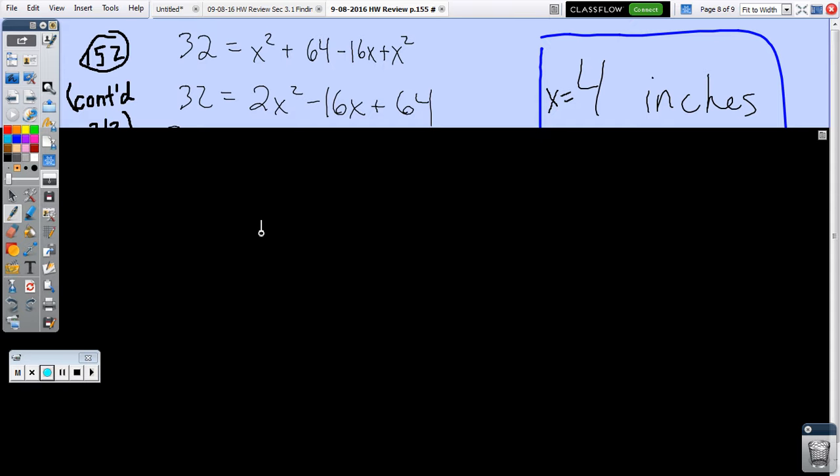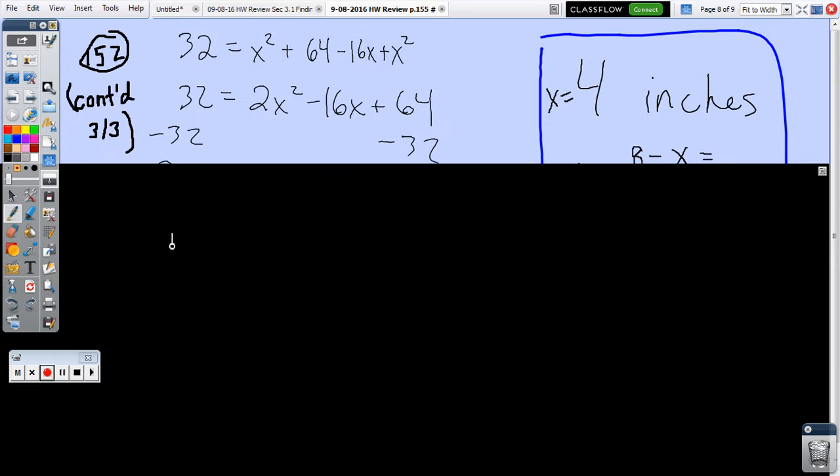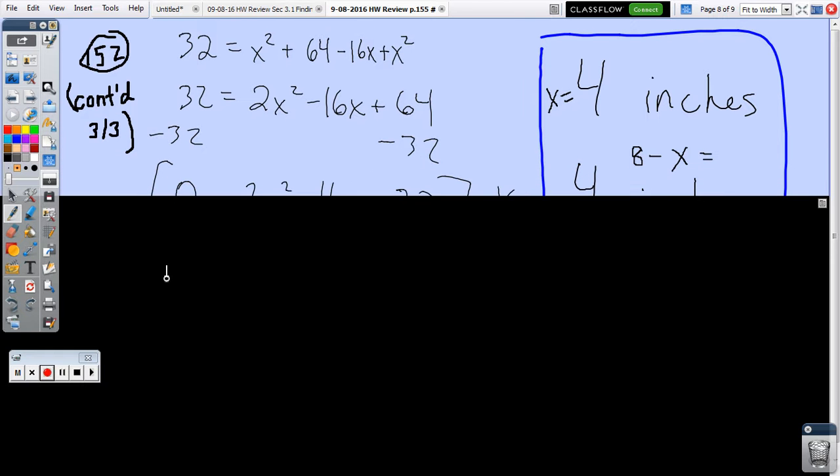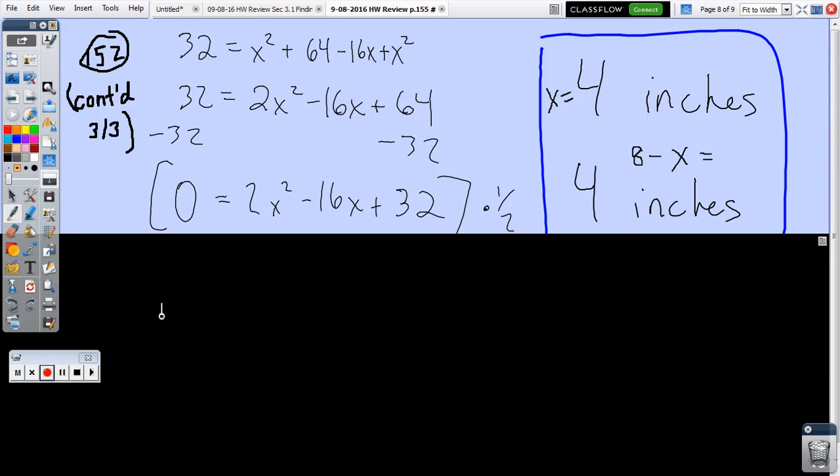I'm just combining like terms anytime I can. And then we want this set equal to 0, so I subtract 32 from both sides, and I get this. You can ignore this for right now, that's the next step, but just look at this for right now.